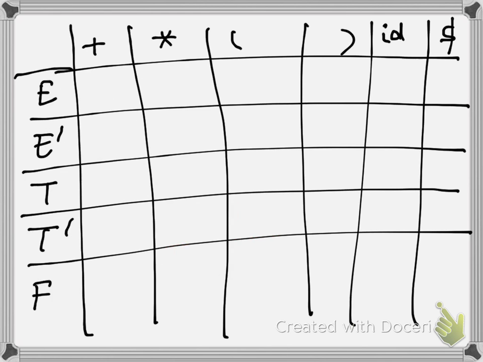In the E row, for parenthesis and ID, we enter E derives T E dash.